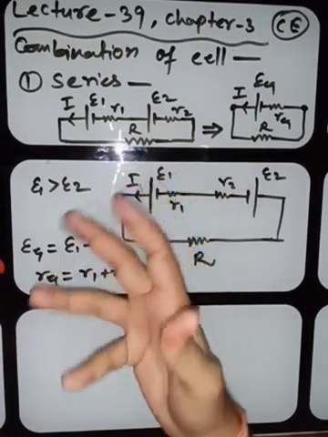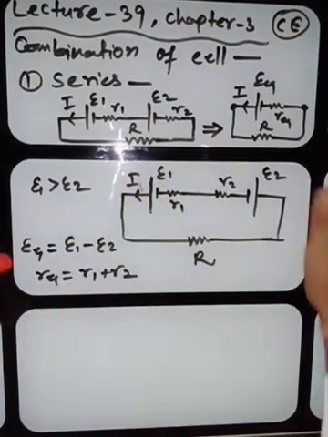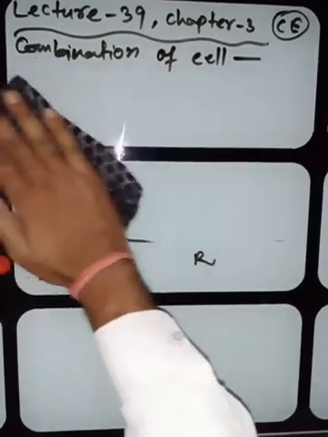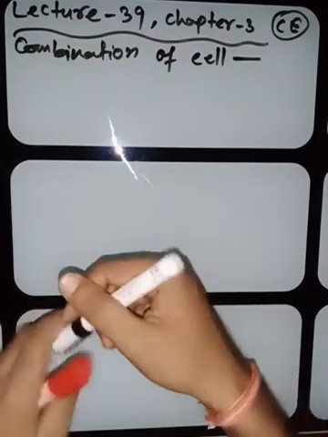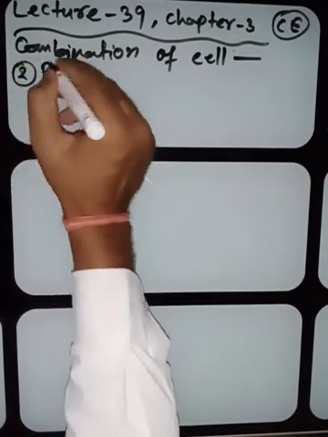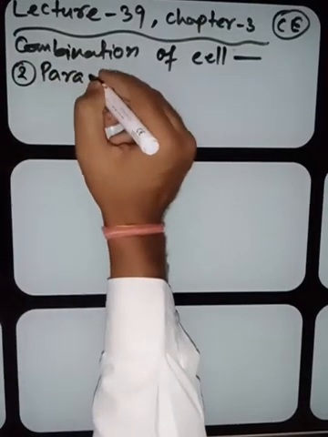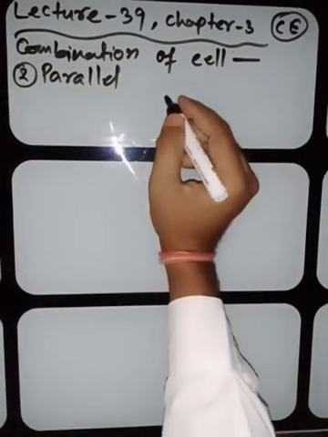Now the next one we are going to study here is the parallel combination. If we combine the cells in parallel, then what will happen? So the second one is the parallel combination.